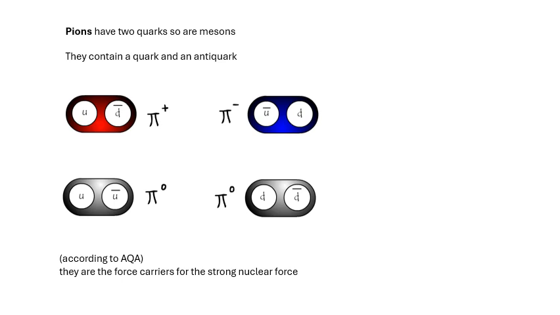Notice looking at them, you've got a quark and an antiquark, and the different combinations give you different types of pions. According to AQA, they are the force carriers for the strong nuclear force. According to everybody else, it's the gluon. Anyway, they're pions, and they're an example of a meson, a middleweight particle.